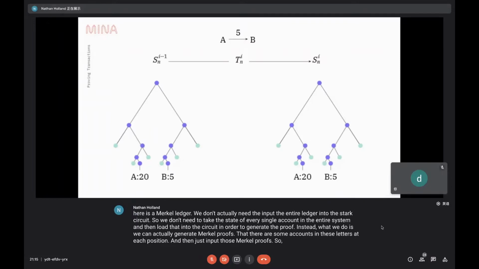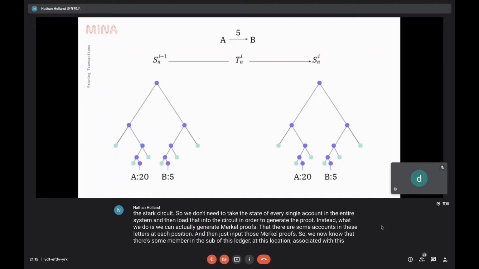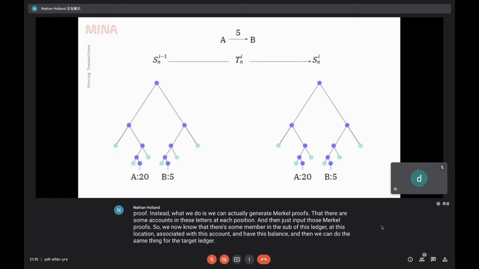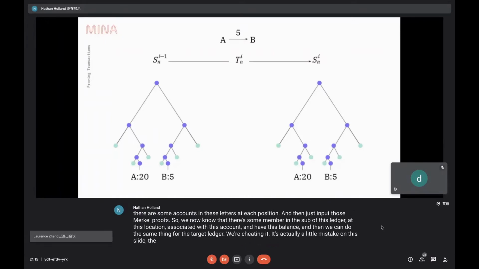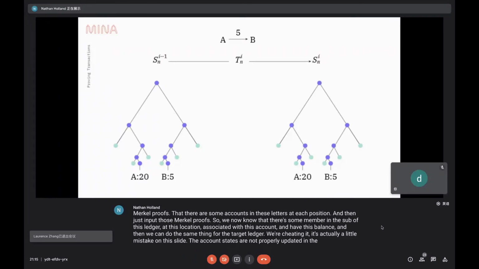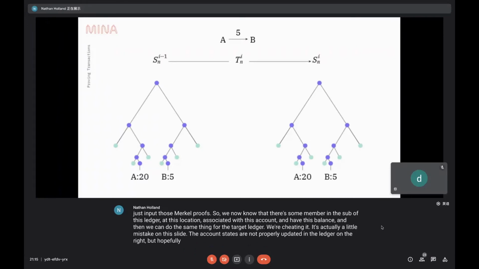So we now know that there's some member in the set of this ledger at this location associated with this account, and it had this balance. And then we can do the same thing for the target ledger we're achieving. It's actually a little mistake on this slide. The account states are not properly updated in the ledger on the right, but hopefully the point is understood here.